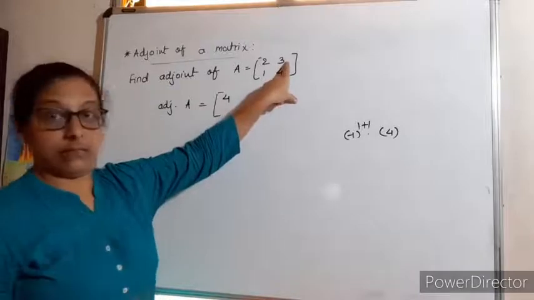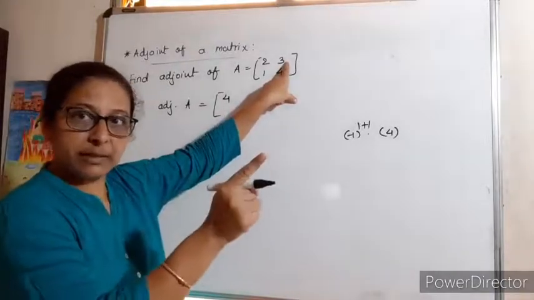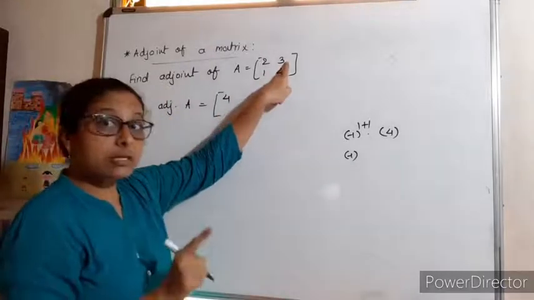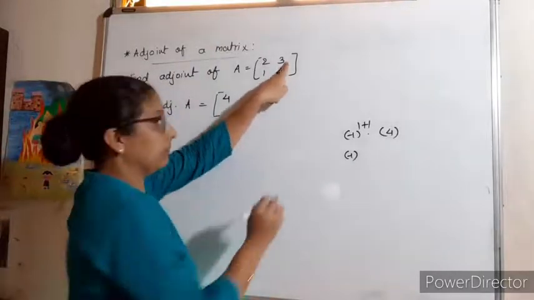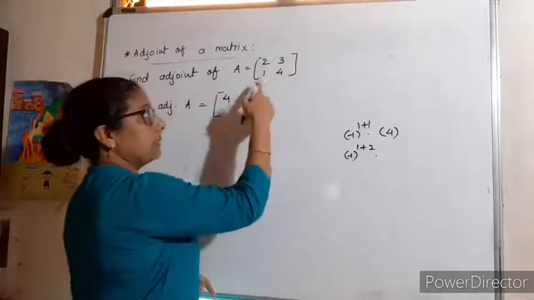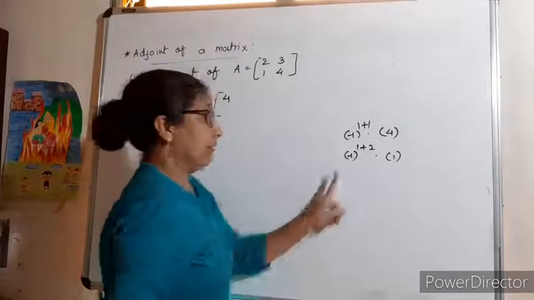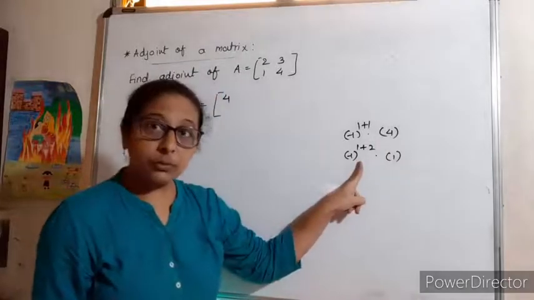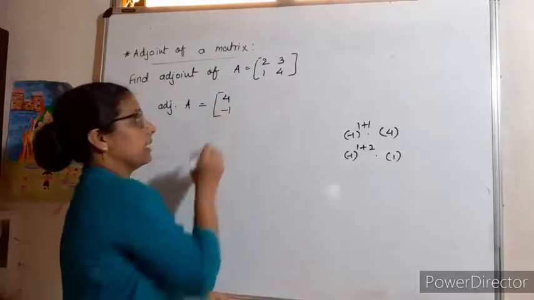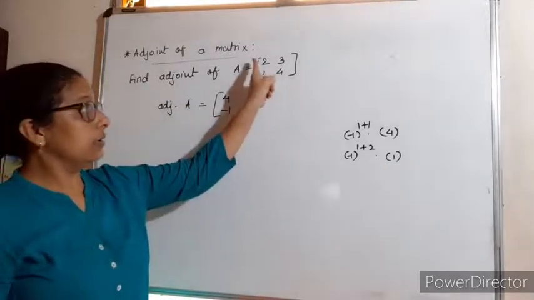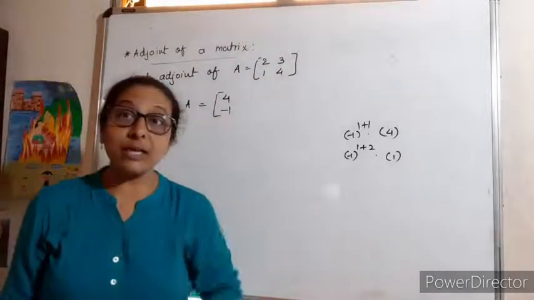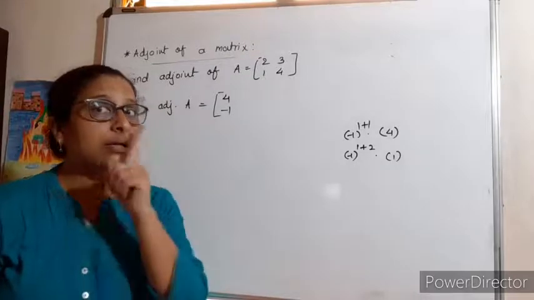Now this element, we go through row wise. Keep in mind, this is minus 1 raised to first row, second column. Hide that, the minor is 1. But here it is minus 1 cubed. So it is minus 1. So change the sign. It is minus 1. What did we do? We went row wise and wrote column wise. So the transpose will be automatic. We do not need to transpose.